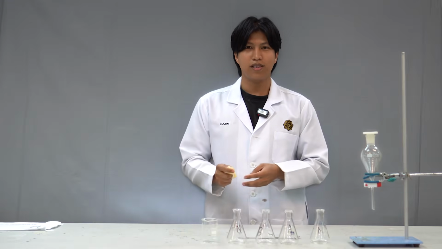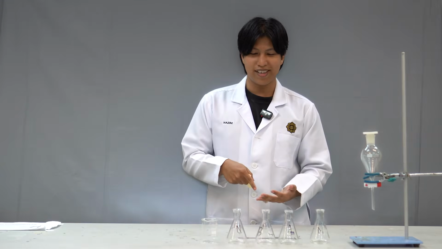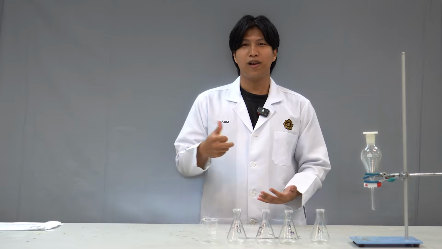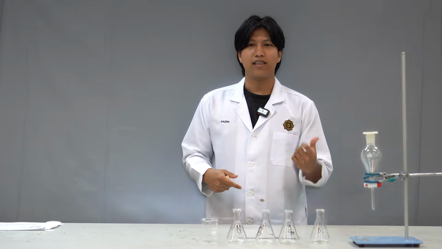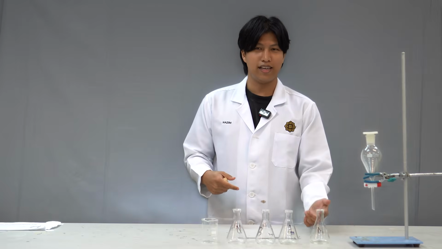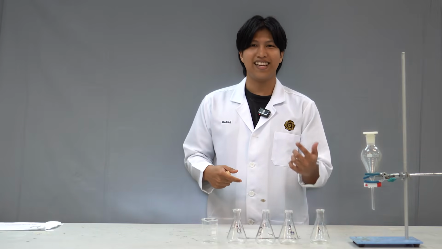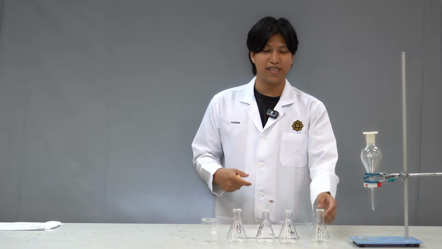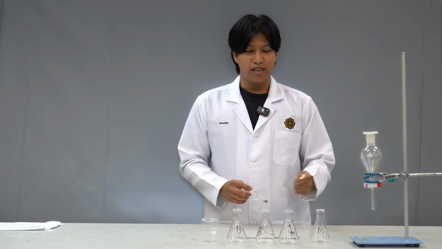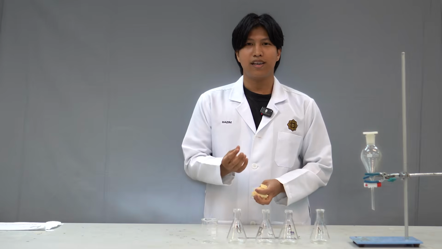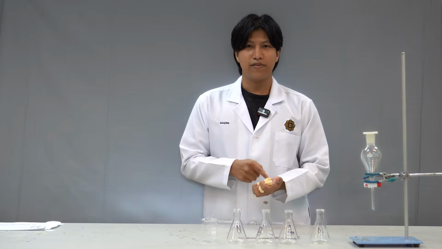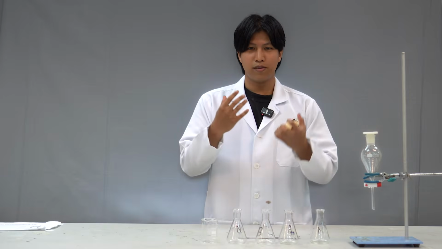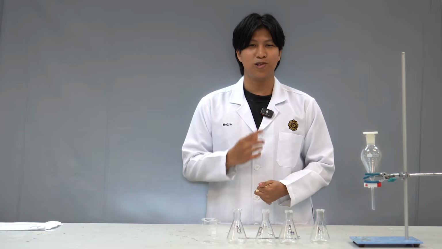Because during the experiment we are involved with acids like HCl and bases like NaOH, and both the base and acid are very severe to our skin, and very severe to our body if we inhale or ingest them. So do not do that.